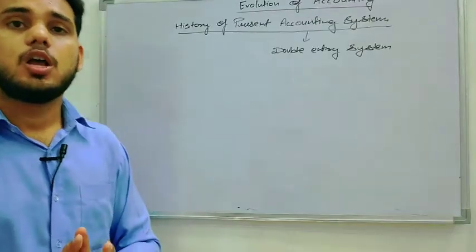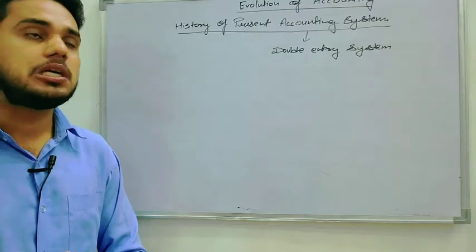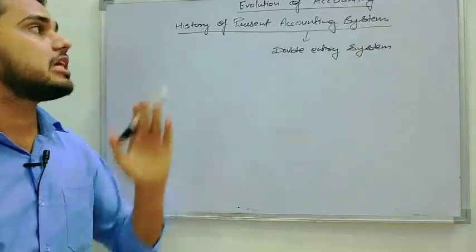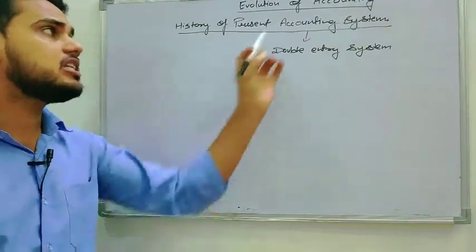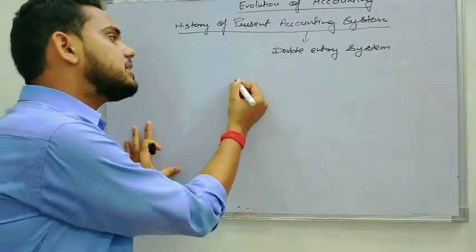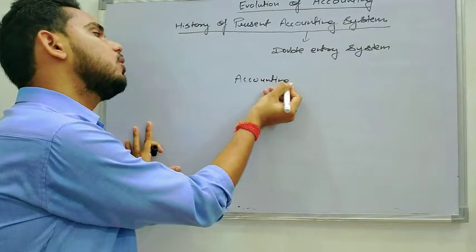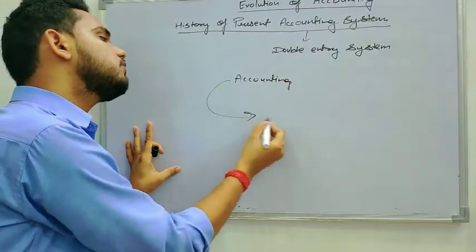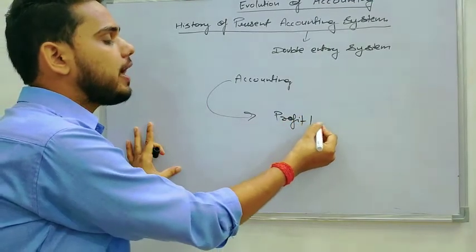After understanding the evolution of accounting, let's see another topic, which is the history of the present accounting system. Let's first understand what an accounting system is. We know what accounting is. Accounting is a system, a process with which we want to know the profit or loss of any business.